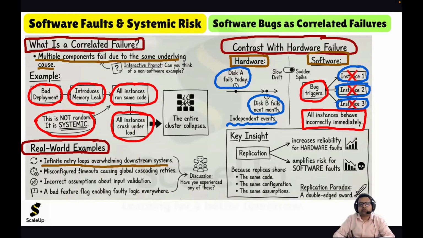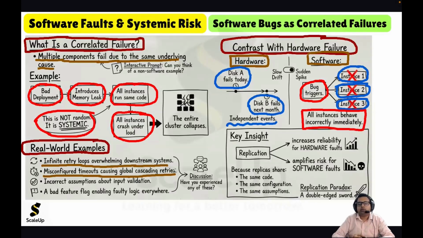Misconfigured timeouts causing global cascading retries. Now see, the idea is that if the timeouts are misconfigured, then in a distributed environment, if a node is not getting a response, it might keep on retrying because of the misconfigured timeouts.